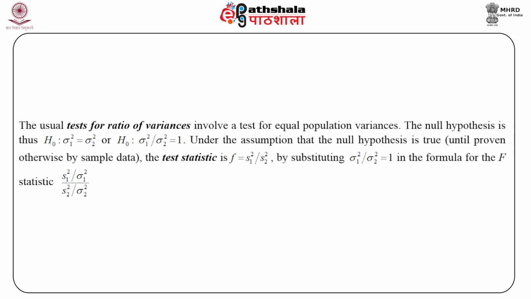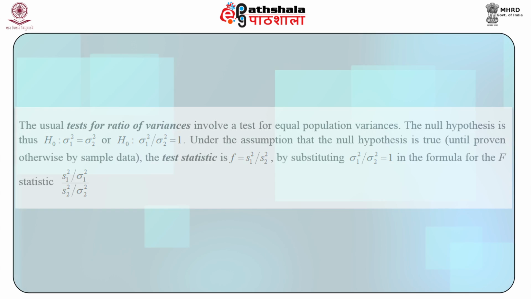We obtain (s1 square by sigma 1 square) upon (s2 square by sigma 2 square). The test statistic is distributed with numerator degrees of freedom m minus 1 and denominator degrees of freedom n minus 1, for sample sizes m and n respectively from the first and second populations.